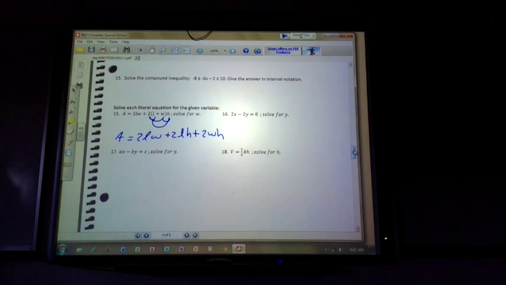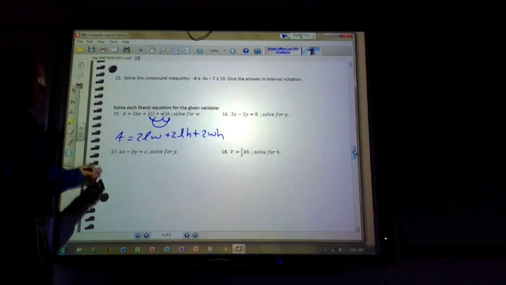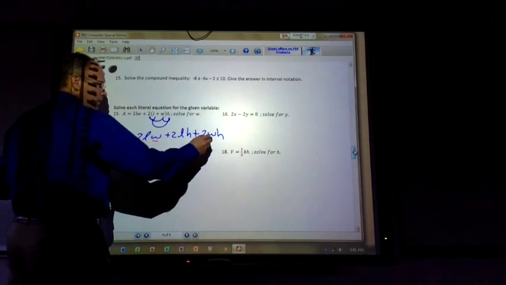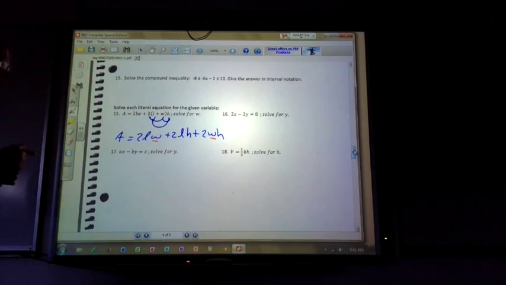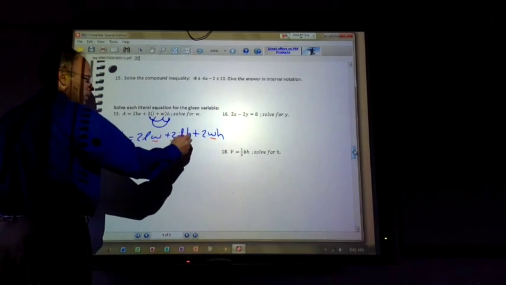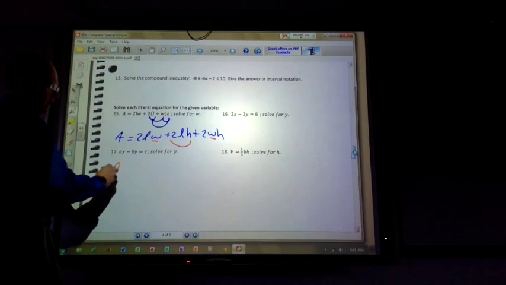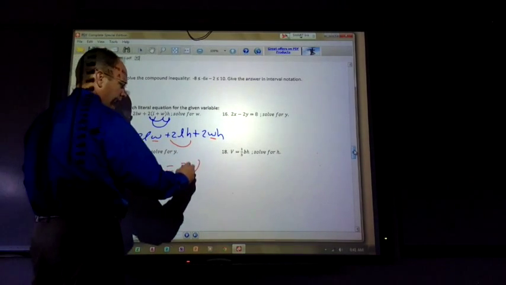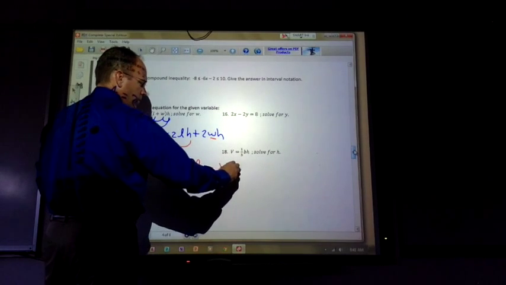Wow. Okay, I don't think we're going to give anything this quite complex. Here's our problem here, is I have a W here and I have a W here. So I'm going to move this over, so I get A minus 2LH equals 2LW plus 2WH.